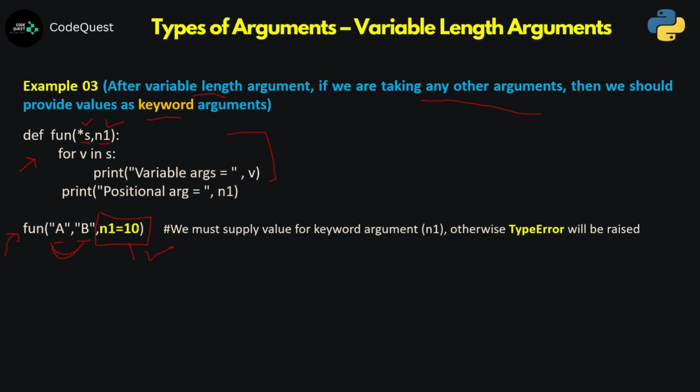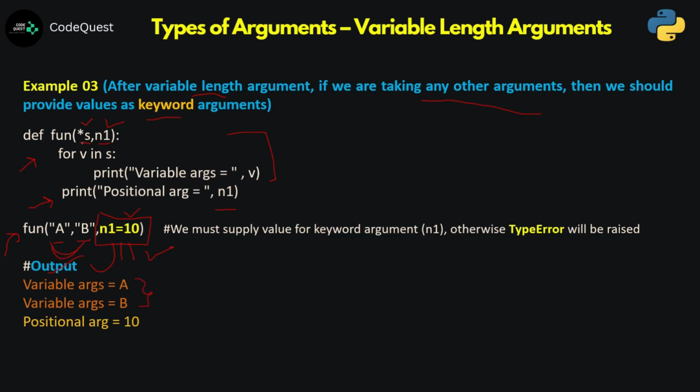And this print statement prints the value of n1, which I have set here to 10. So it is compulsory for me to supply the value for n1. One value is fixed for that, and before that, whatever number of arguments we supply are going to be considered variable length arguments. So in this case, a and b are taken up.